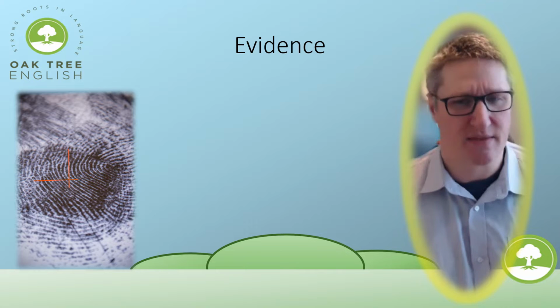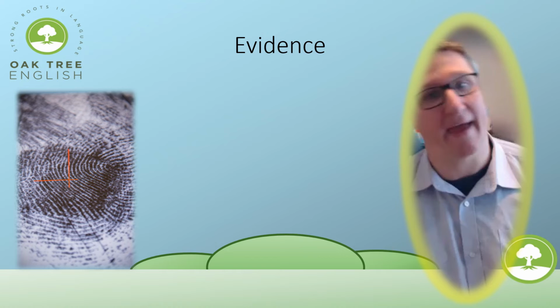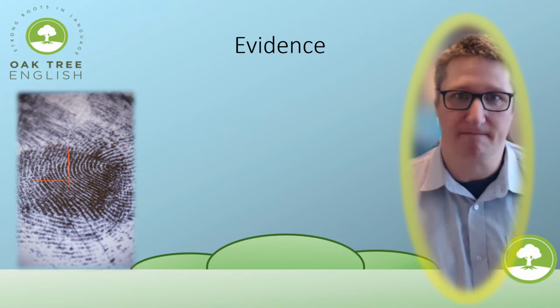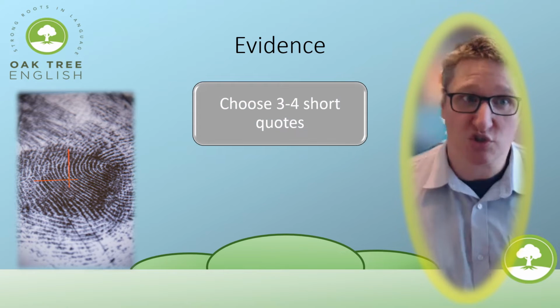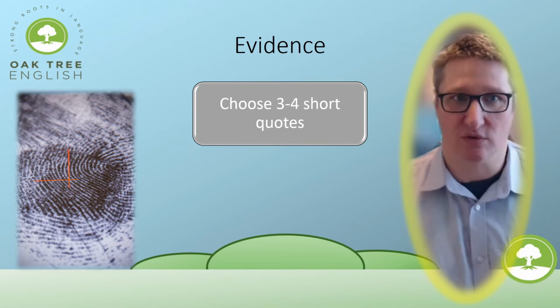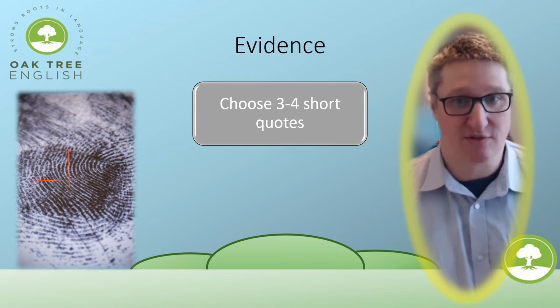You can then support your point with evidence. This does not mean fingerprints, although that is the image I've got over there. In an exam situation, this means selecting quotes from your text. Your quotes should be short. This can be just a few words or a phrase which illustrate your point. Then there's 2 things to make sure of.